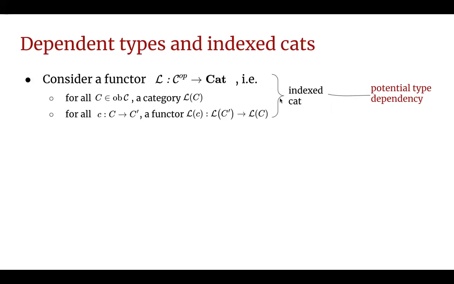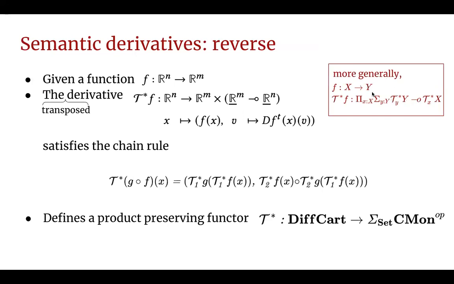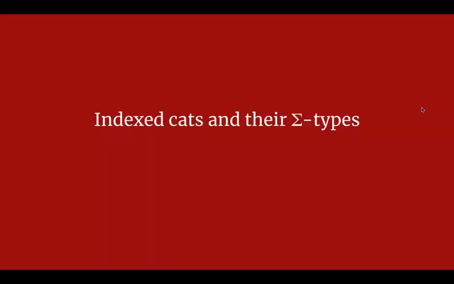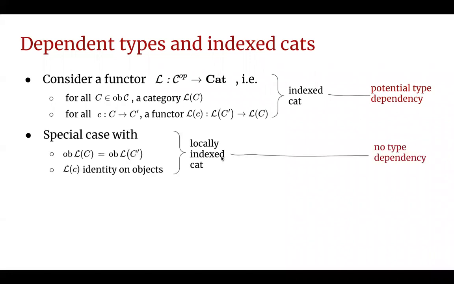Right, and in case we have a real indexed category here, we're in the situation where we have potential type dependency. That'll come up in derivative land whenever we consider coproducts, because then we get these complicated dependent types. But as long as we don't care about differentiating at coproduct types, then we can focus on the simpler case where we don't have any type dependency, where our spaces of tangent vectors or cotangent vectors don't depend on the primal base point that we choose.